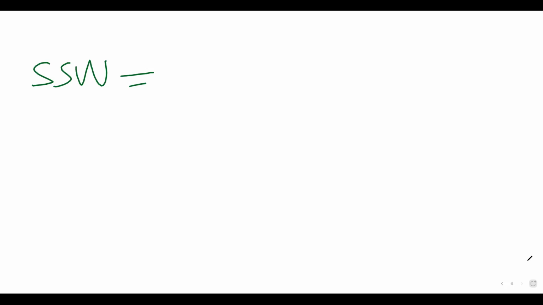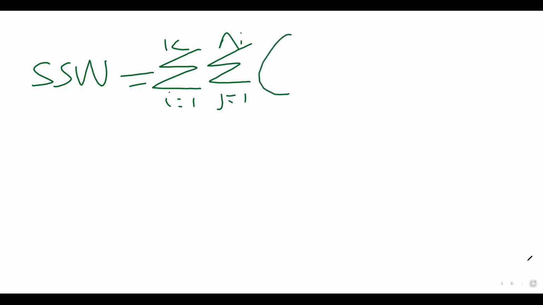It is summation i from 1 all the way to k, another summation, okay, j from 1 all the way to n, and that n is not just any n, it's just one of the n. You bring a bracket, you have xij minus xi bar, all square.